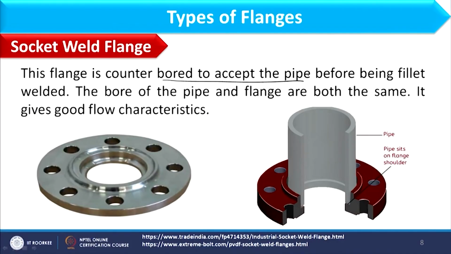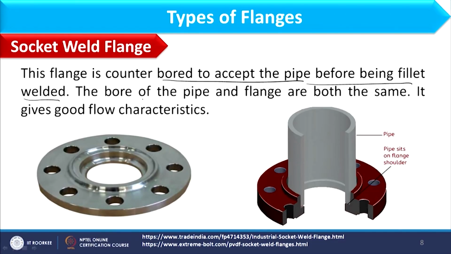And the next flange I am having is the socket weld flange, that we have not discussed in types of flanges, because it is a very unique type, used for a specific purpose. This flange is counterbored to accept the pipe before being fillet welded.